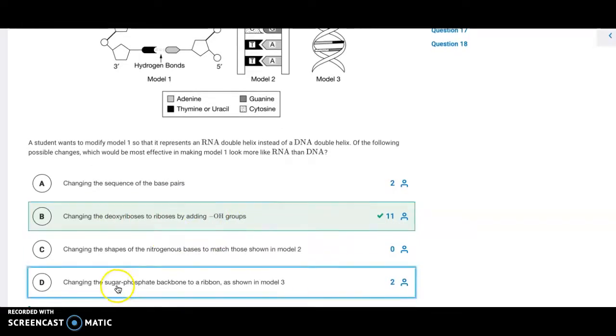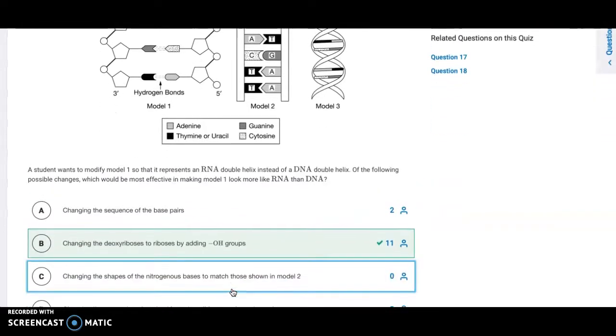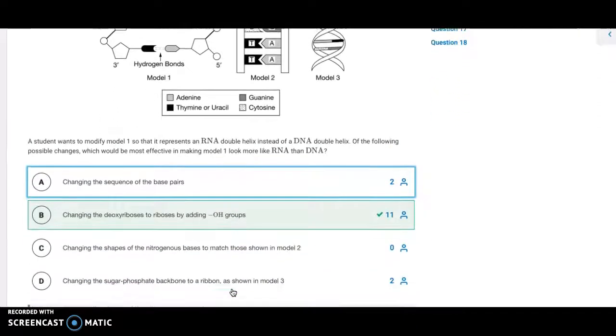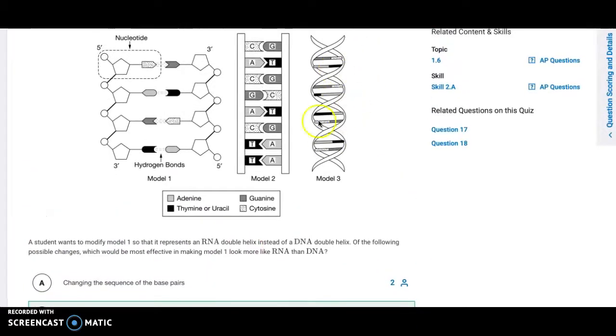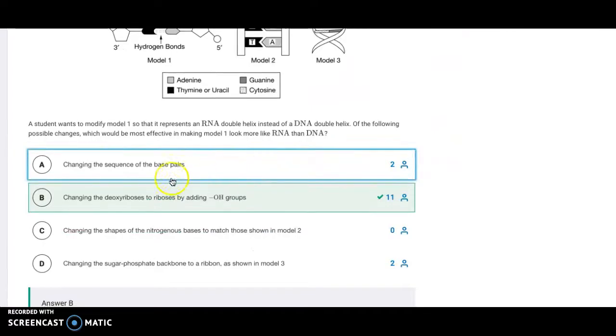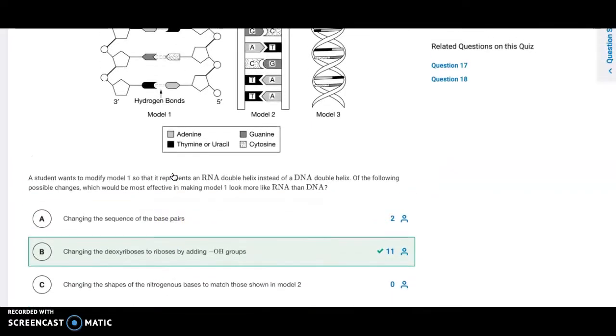Some of you got distracted by changing the sugar phosphate to a ribbon. No, that has nothing to do with the shape of the molecule. That's simply an artist's diagram of it. Or change the sequence of the base pairs. Again, changing the sequence won't change the type.